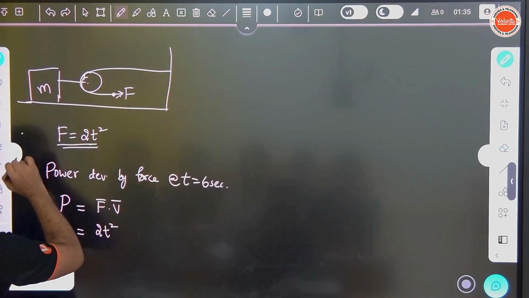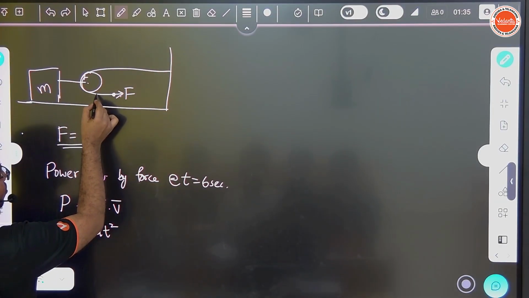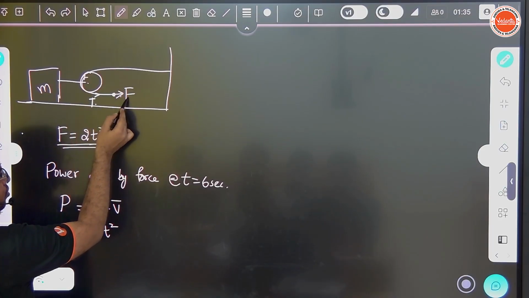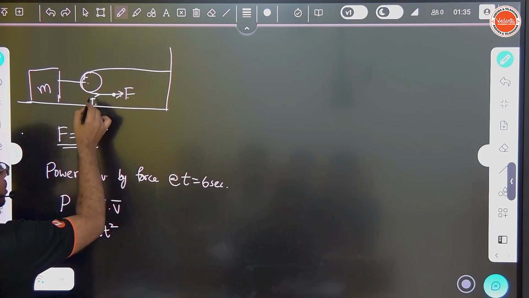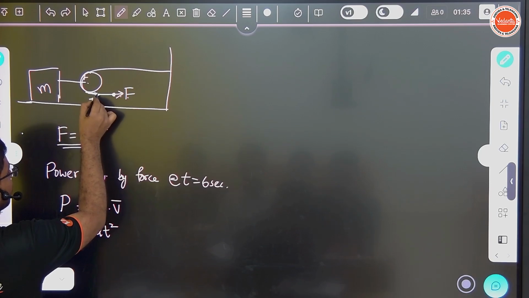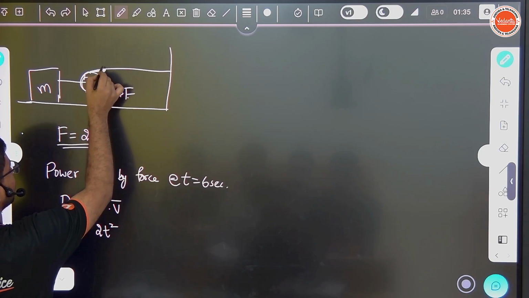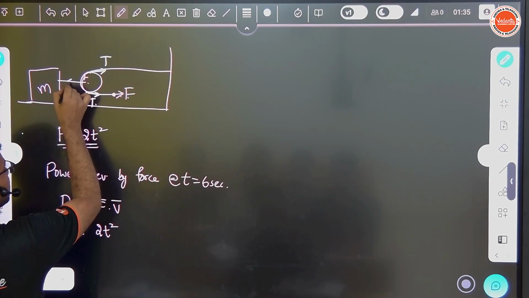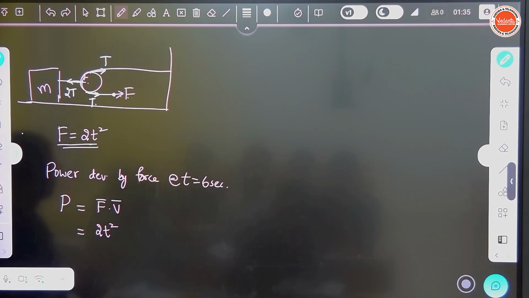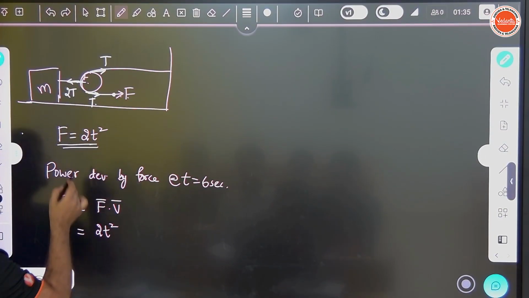Constant relation, right? See that what will be the tension in this string here? That should be equal to F only, the applied force, right? And if you write the free body diagram for the pulley, what will be the tension on this one? 2T. Correct or not? 2T, right?